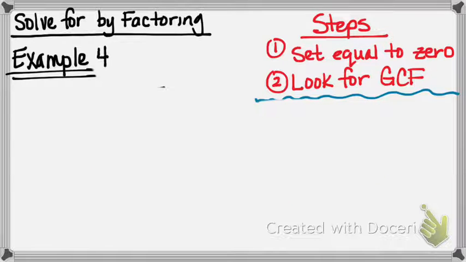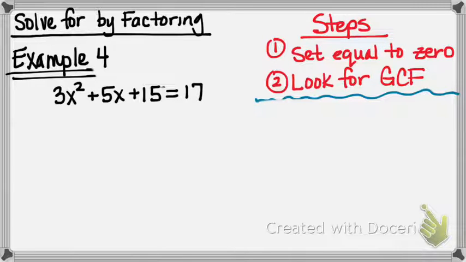All right, so last example is example 4. We have 3x squared plus 5x plus 15 equals 17.